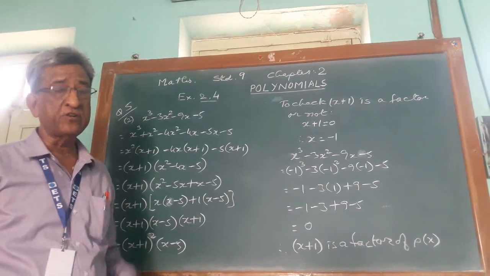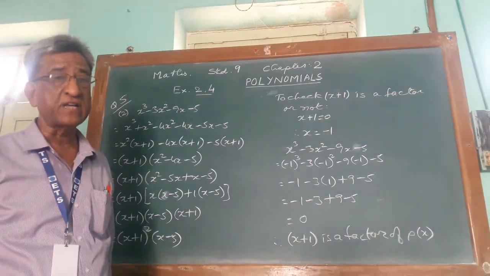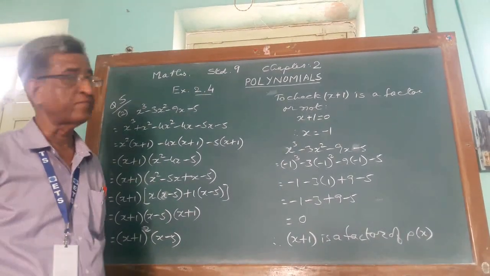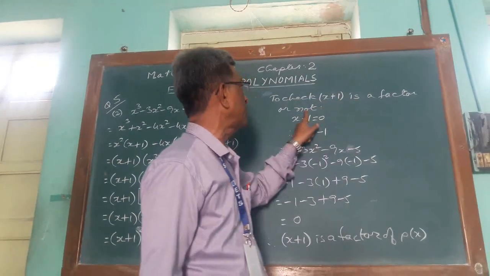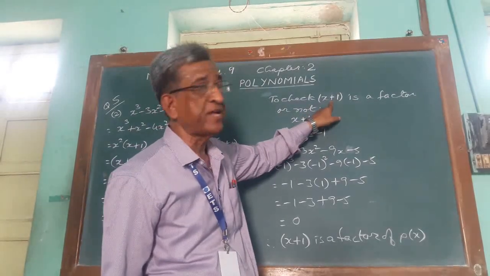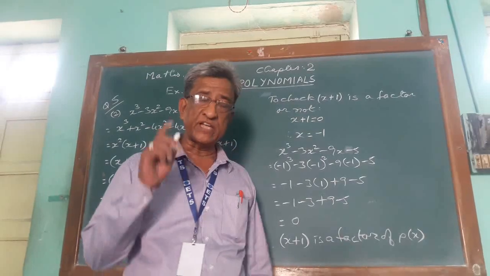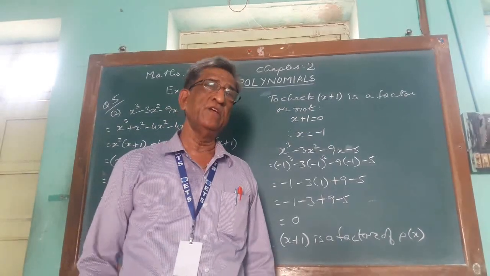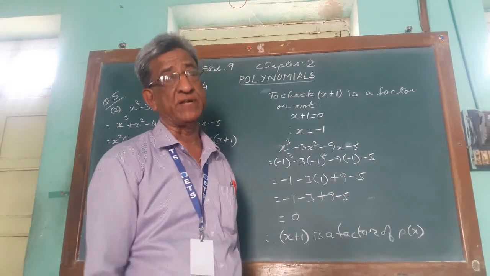You know there are two methods: either x plus 1 is a factor or x minus 1 is a factor. First we will check whether x plus 1 is a factor or not. If you get 0, then x plus 1 is a factor. If you do not get 0, then you have to check with x minus 1.